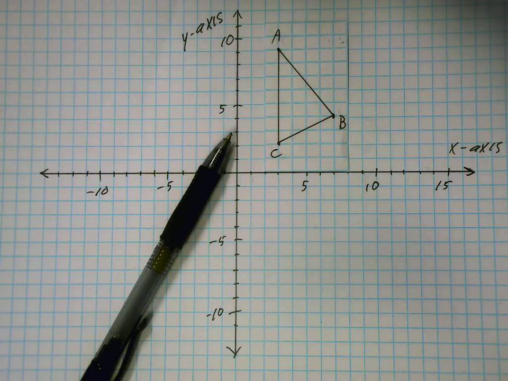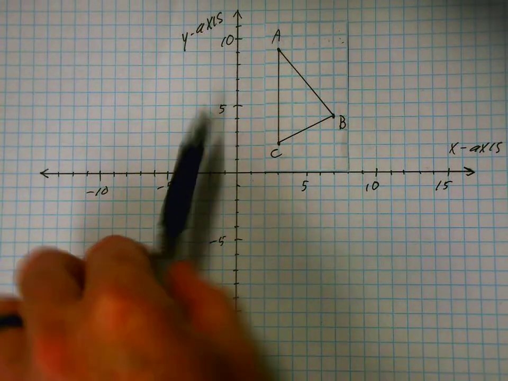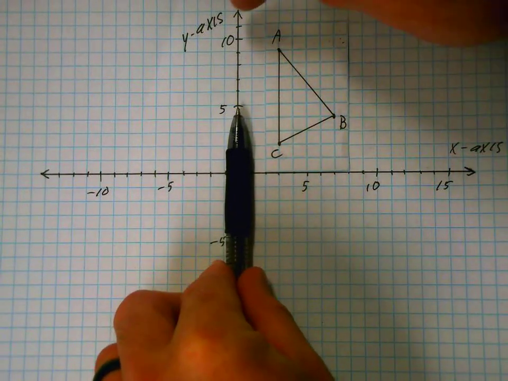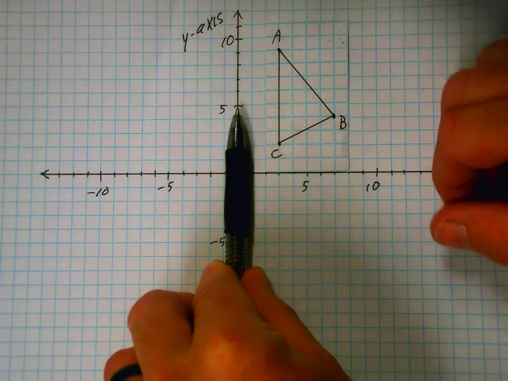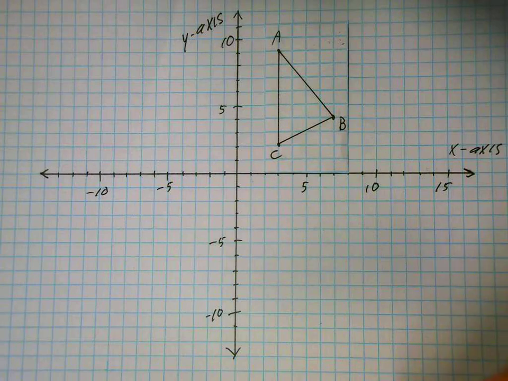So if I take triangle ABC and reflect it over the y-axis, we're just going to pretend that it flips straight over this line, and everything that ends up on the other side needs to be the same distance away from the y-axis. Can anybody tell me how far A is from the y-axis right now? 3. It is 3. Very good. What does that 3 represent?